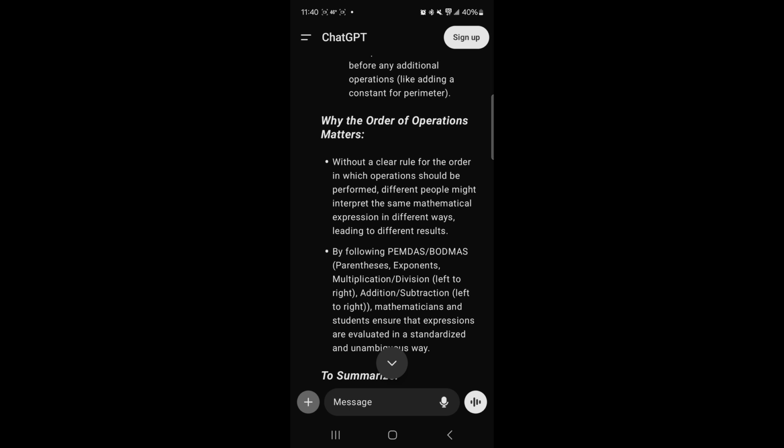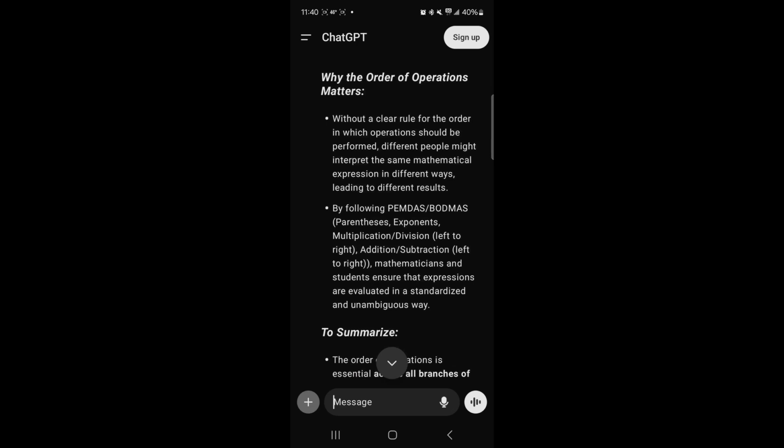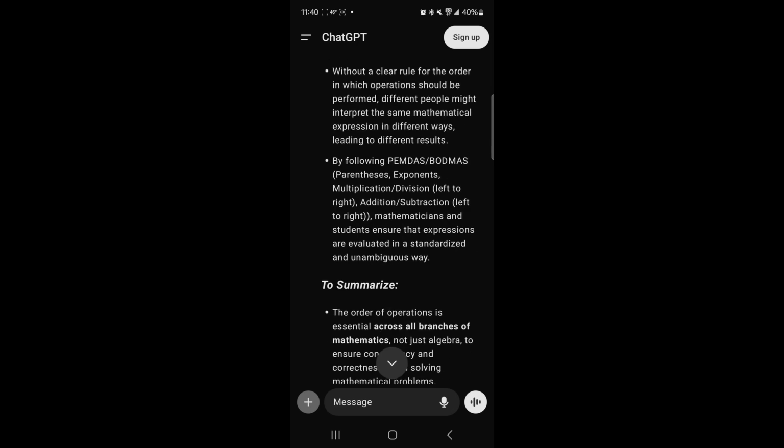I can say 3 minus 5 is negative 2, right? Minus 5 plus 3 is also negative 2. It doesn't matter the order that I add and subtract with those two numbers. I still get the same answer. But by following that, you ensure that people get the same answers.